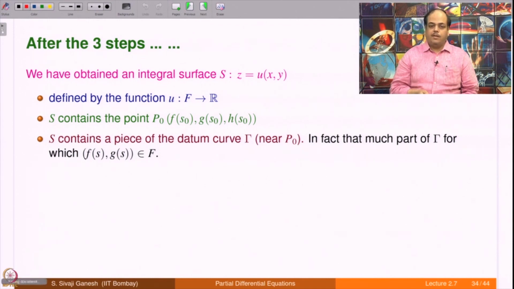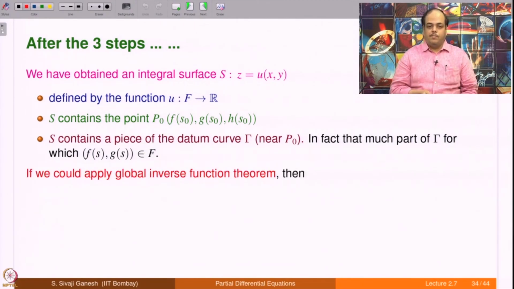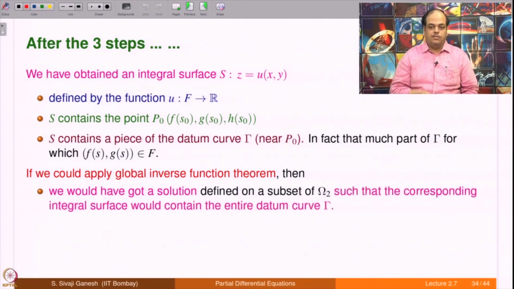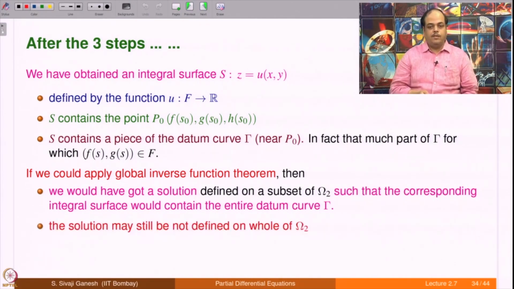In fact, that much part of gamma for which (f(s), g(s)) belongs to this open set F. If there is a global inverse theorem and you could apply that, then we would have got a solution defined still on a subset of omega 2, but that would have contained the entire datum curve gamma. That integral surface would contain the entire datum curve gamma. The solution may still not be defined on the whole of omega 2.